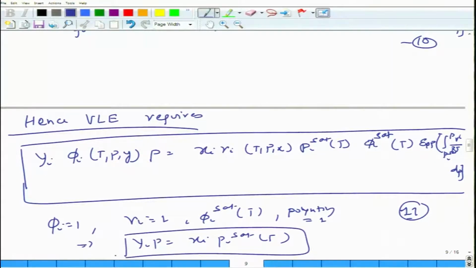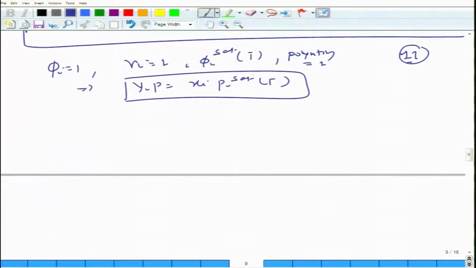All right. Now, let us take this and consider a system of similar type, let us say a case of benzene and toluene. This is a familiar case. Again, we are considering pressures to be small.